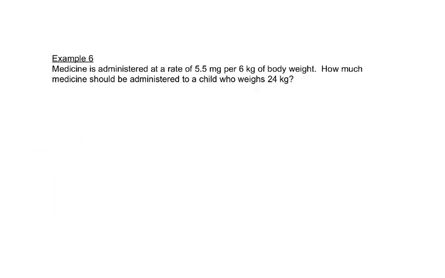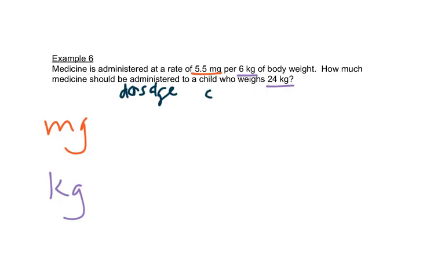Medicine is administered at a rate of 5.5 milligrams per 6 kilograms of weight. So how much medicine should be administered to a child who weighs 24 kilograms? So we have milligrams of medicine and kilograms of weight. In this case, we have the dosage and we have the child.